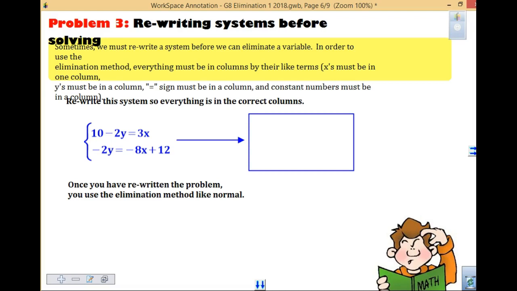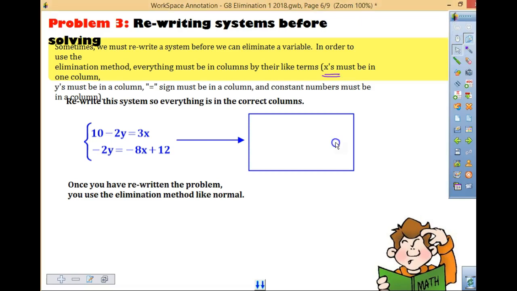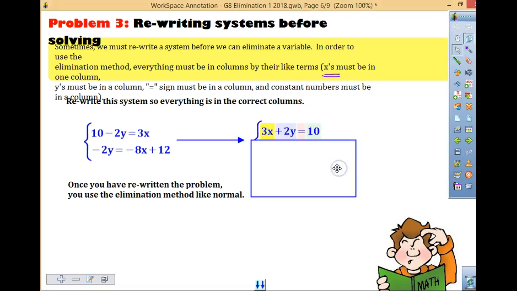So when we take a look at this, it says sometimes we must rewrite to eliminate the variable. In order to do that, elimination, the columns have to line up, meaning you have to have all the x's, then you got to have all the y's, then the equal, then equal the number. So if we look at this first equation, does it make sense that you could get the 10 by itself?